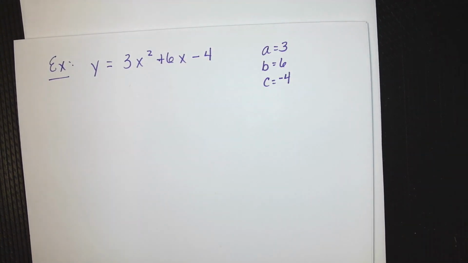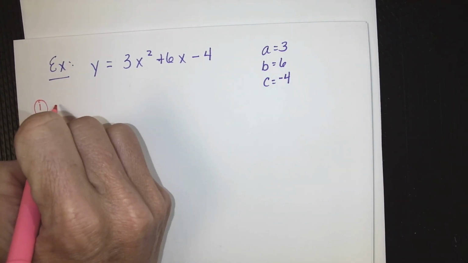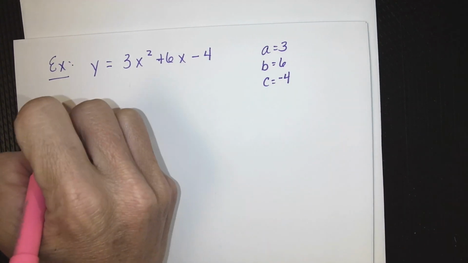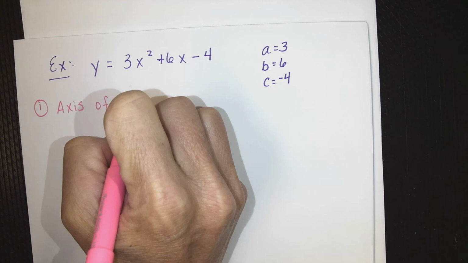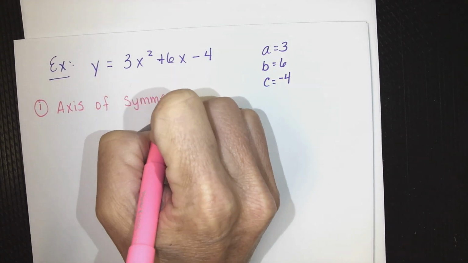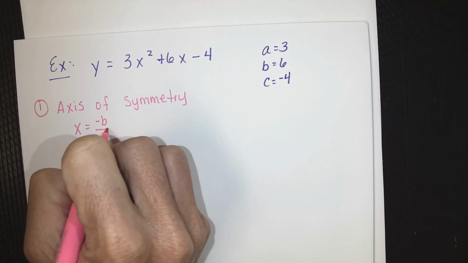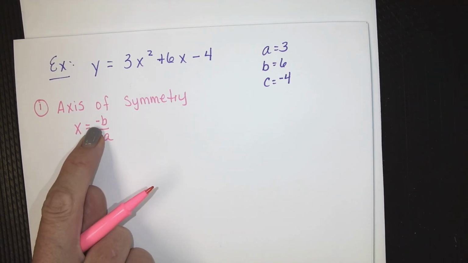So here are some questions I can ask you. Axis of symmetry. The formula is x equals negative b over 2a. It's saying the opposite of b.